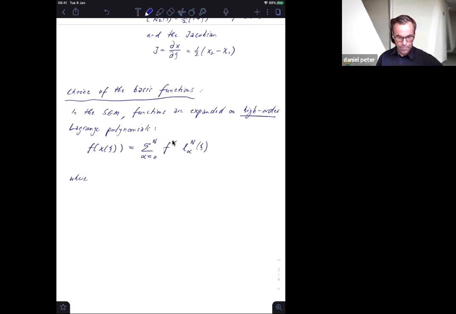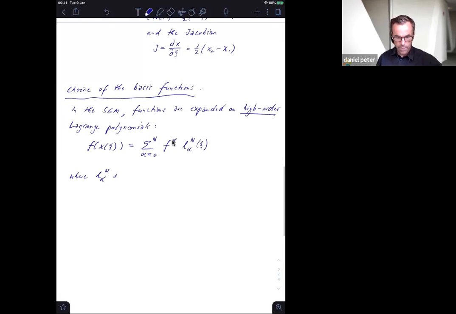So now we define what these polynomials are: our Lagrange polynomials of degree n.